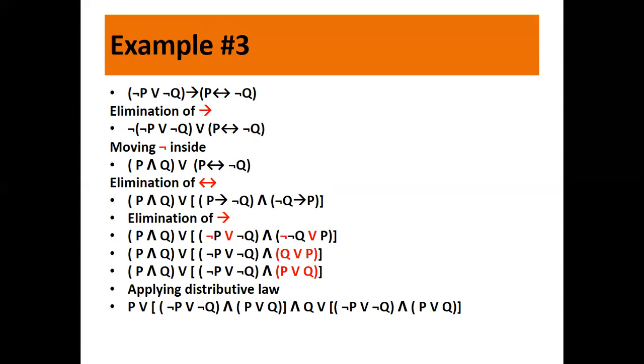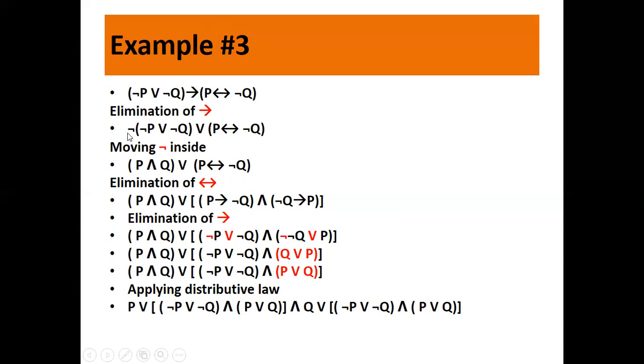Is it fine? Now again, if you look at it carefully, the negation is outside. So what you need to do is move the negation inside. When you move the negation inside, what will happen? It will be negation of P, so the negation gets cancelled and this or operator becomes an and operator. Is it fine?